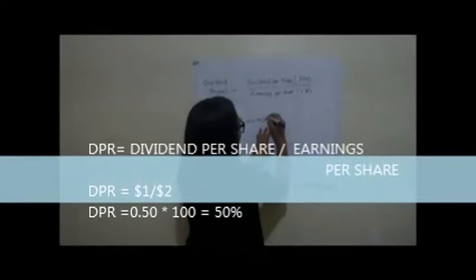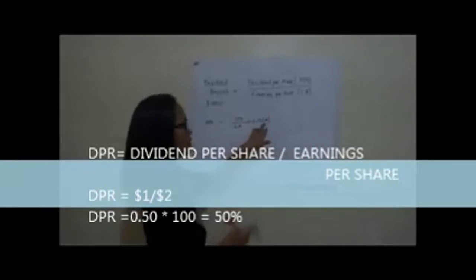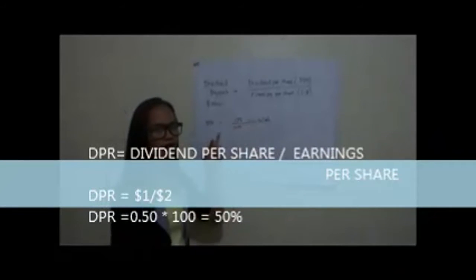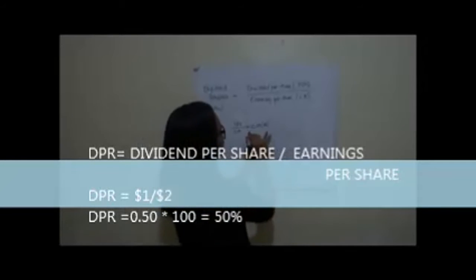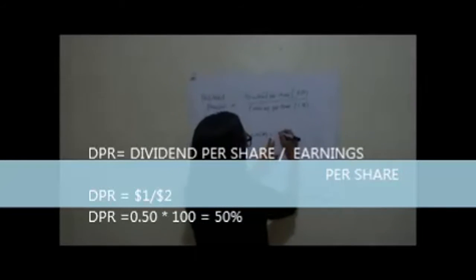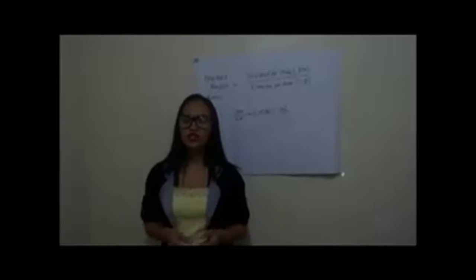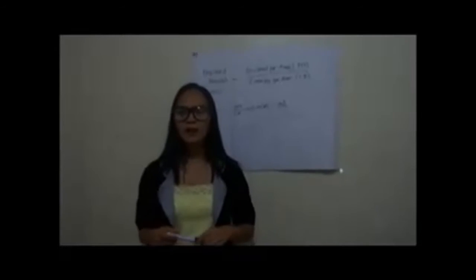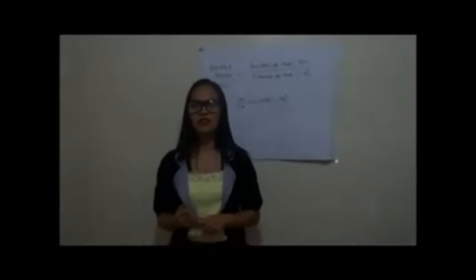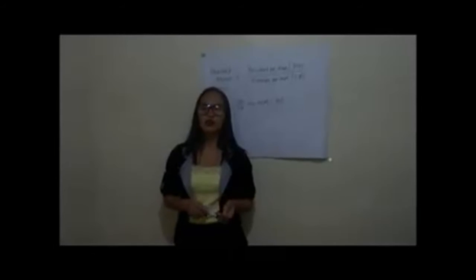We are going to multiply it by 100 because we want the percentage. 0.50 times 100 is equivalent to 50%. So it means that the dividend payout ratio of 50% shows that this company has distributed 50% of its net income to its shareholders in the form of dividends.